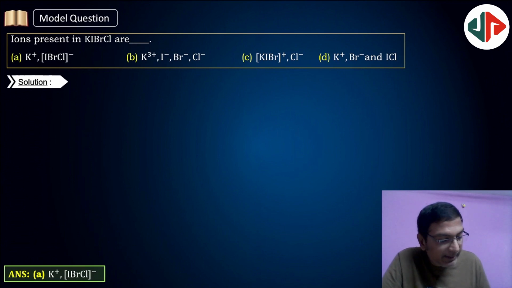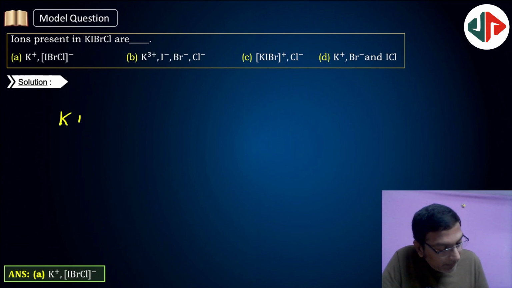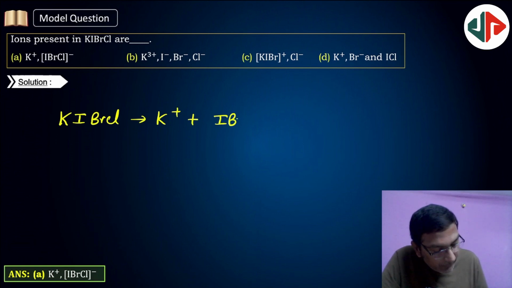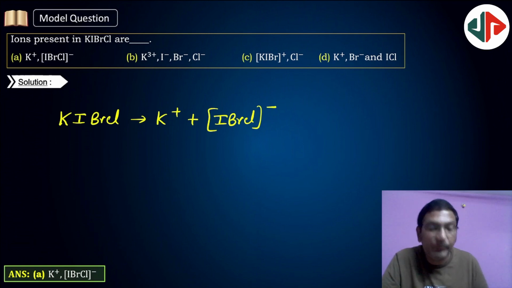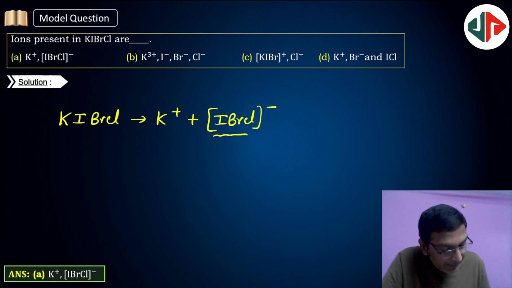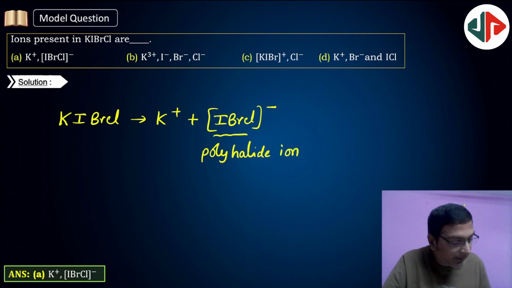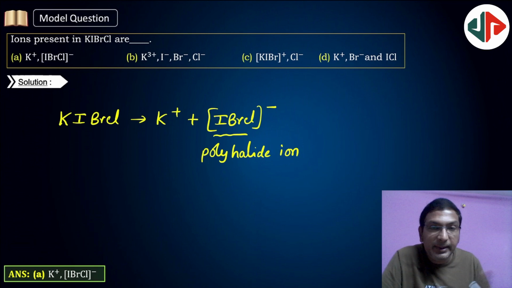Ions present in KIBrCl. KIBrCl gives K plus and IBrCl minus in total. So this is polyhalide ion. So this is completely one ion.